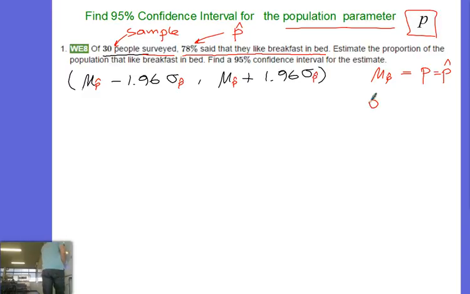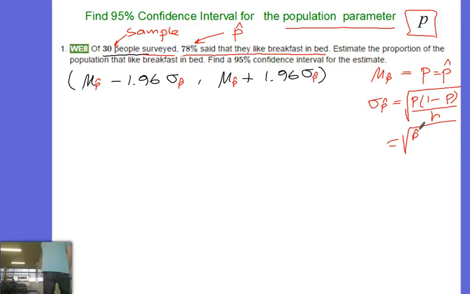Now, what is the standard deviation of the sample proportion? That's the formula root P times 1 minus P, on n. Now, do we know what P is? No. So what's the best estimate for P? P hat. Very good.